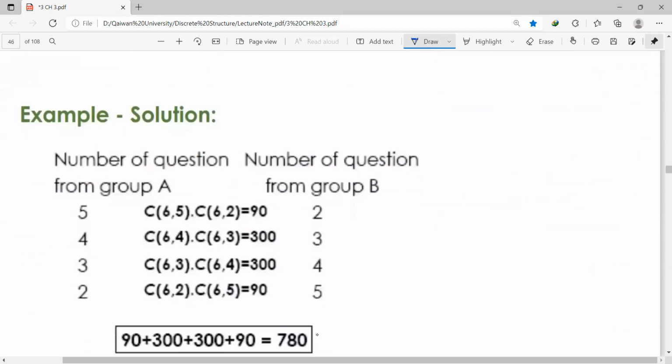And we get 300, 300, and 90. We now add these results. We add all cases. First, for each case, we multiply them, and then we add all cases to find the number of ways. Here, 90 plus 300 plus 300 plus 90 is 780.